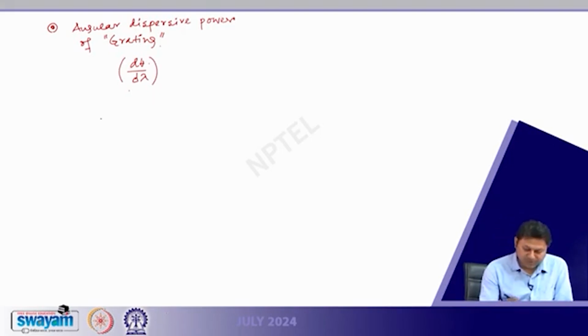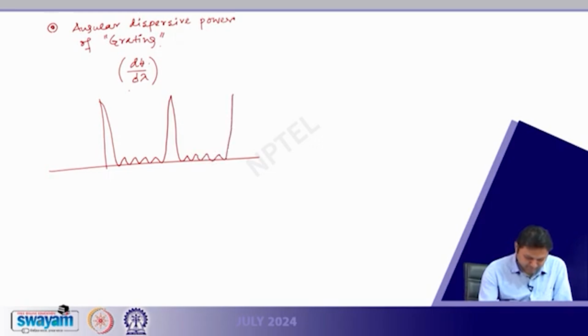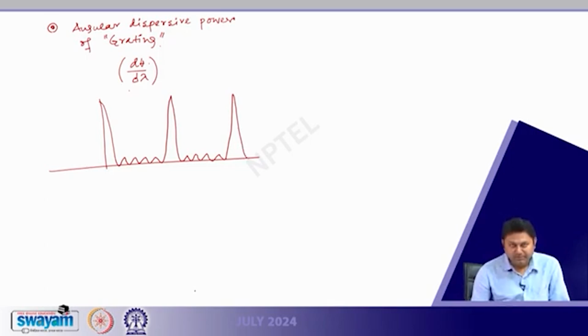So, we know that this is the spectra for grating. So, let me draw the spectra for one given wavelength. So, we have a maxima here, and then we have secondary minima, and then a maxima here, and then secondary maxima, then maxima here, and this is for a given wavelength.